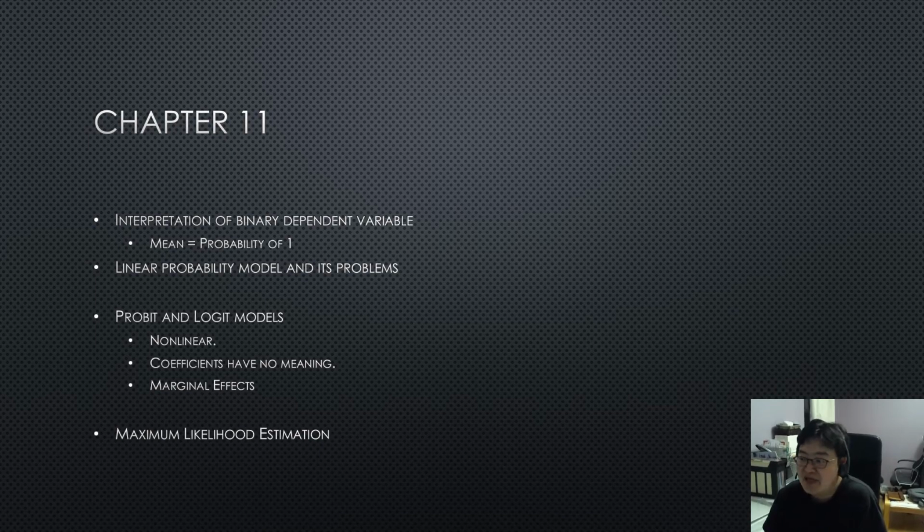So chapter 11 is about binary dependent variables. And the most important fundamental idea when you handle a binary variable is that its mean should be interpreted as a probability. A binary variable takes 0 and 1 only: yes or no, male or female, employed or not. So a lot of variables have this form. And when you predict the outcome, of course, the predicted outcome must be 0 or 1.